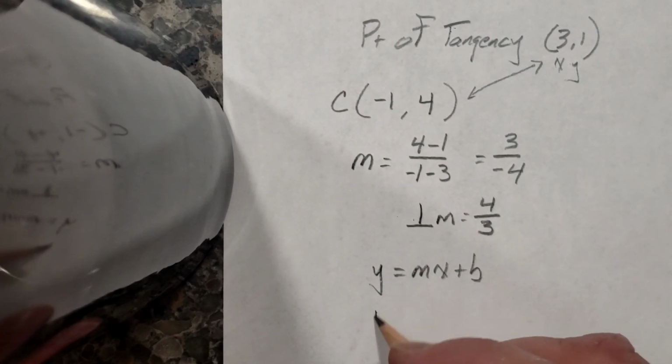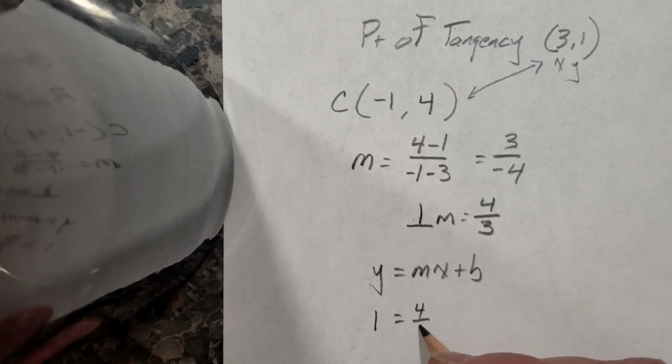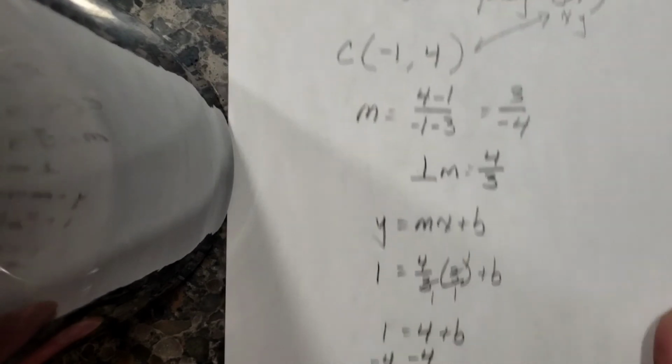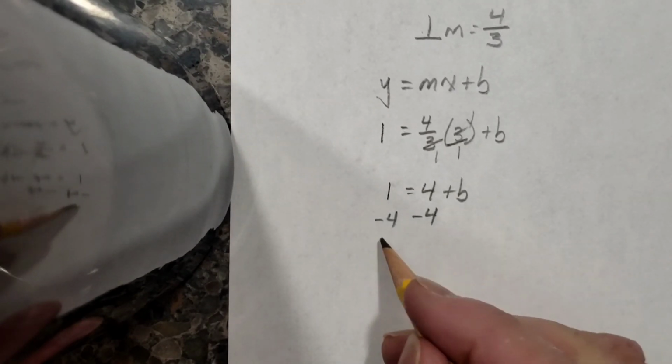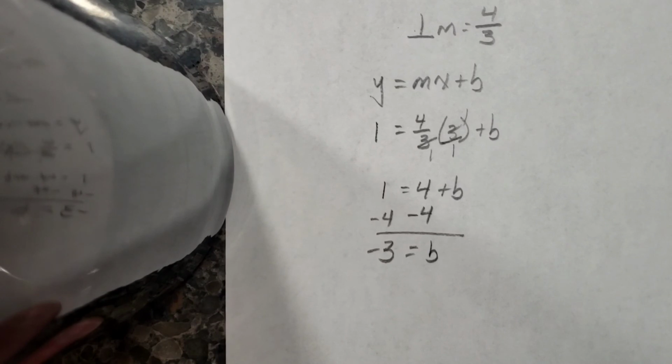So our y was 1, our slope 4 over 3 times 3 plus b. Okay, 3 over 1 we can reduce, and we get 1 equals 4 plus b. Subtract 4, whoops, lost it there. B is negative 3.